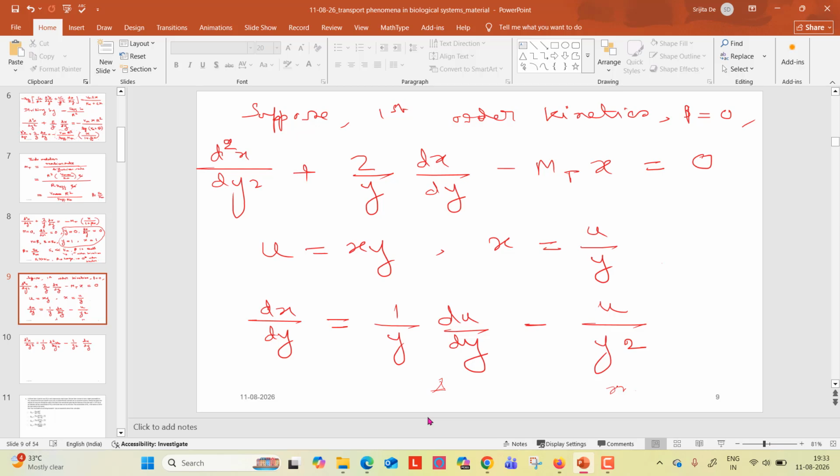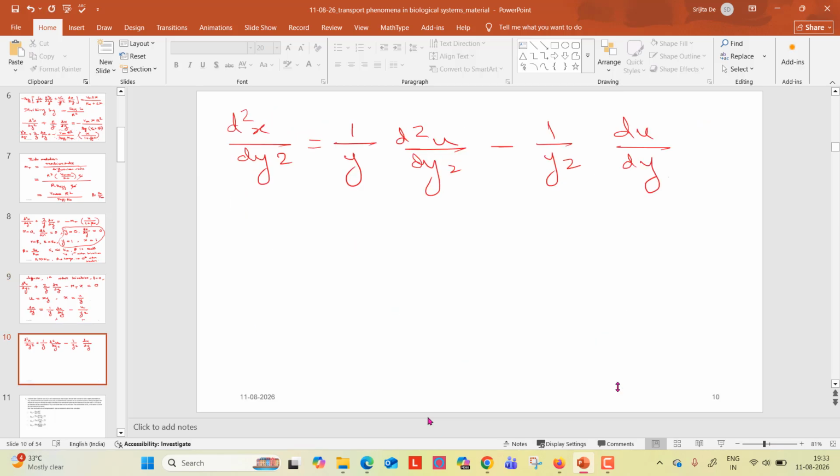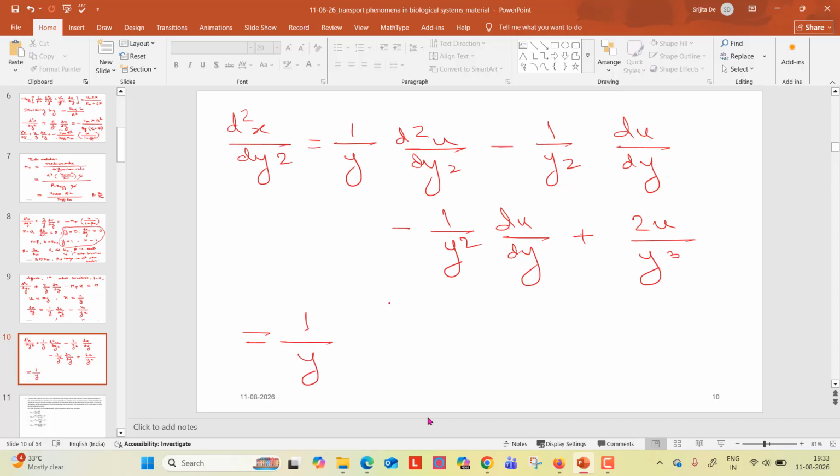The first will similarly be minus 1/y square du/dy, and the last term will be 2u/y cube. These two terms are the same, right? So we'll just write d2x/dy2 as 1/y d2u/dy2 minus 2/y square du/dy plus 2u/y cube, having just added those two terms.